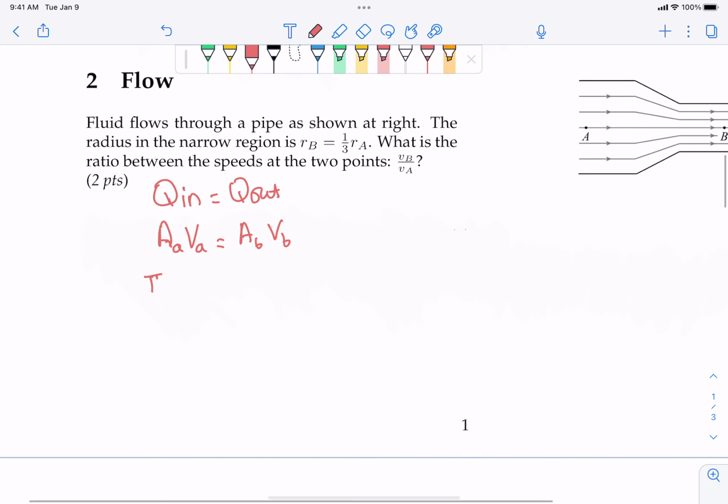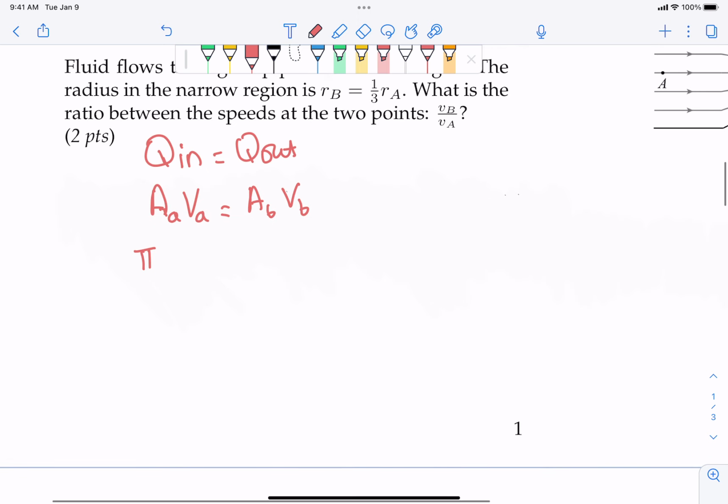Yep. So we have pi r squared, right? And this is pi RA squared. And we know that we have 1/3 RA, but that's going to be relevant for B. So we have pi RA squared times VA, and then for the area of B, we can write that in terms of A. Because we have pi RB squared, but we know that RB is equal to 1/3 RA.